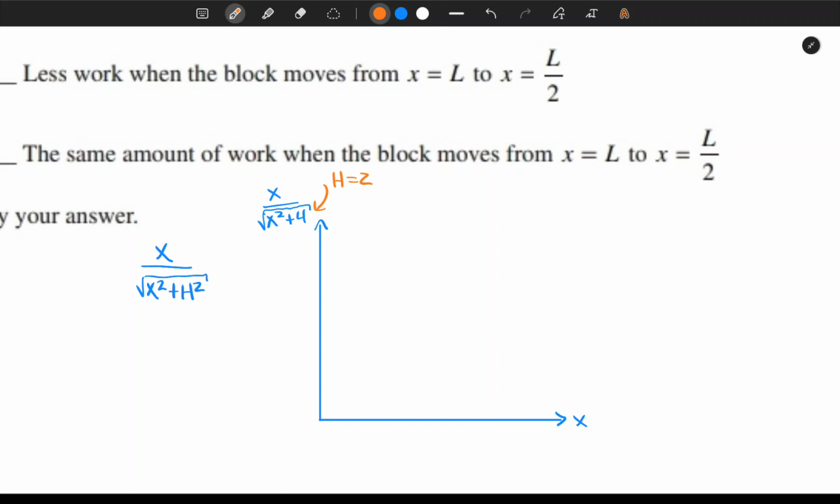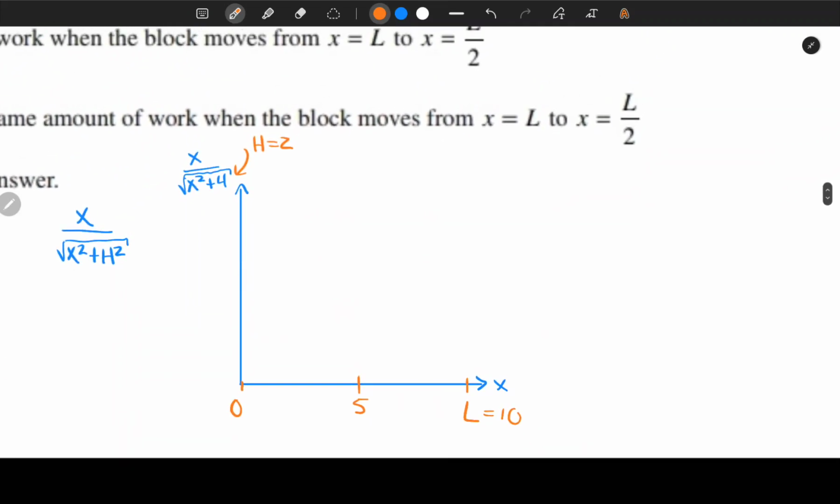I'm putting it into a calculator, so I have to specify what h is. And let's say L is equal to 10. So this is L, which here is equal to 10. And we consider this to be the middle point, which is 5. Then we have here, this is x equals 0. If you plot this function, you find a function which goes up linearly and then starts to level off.